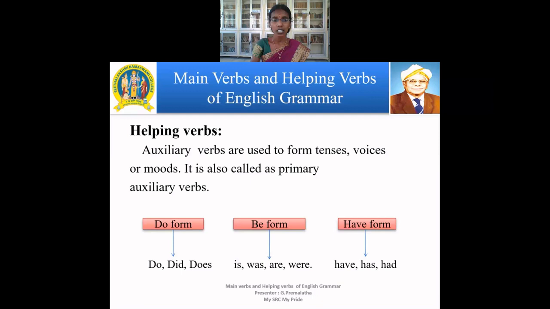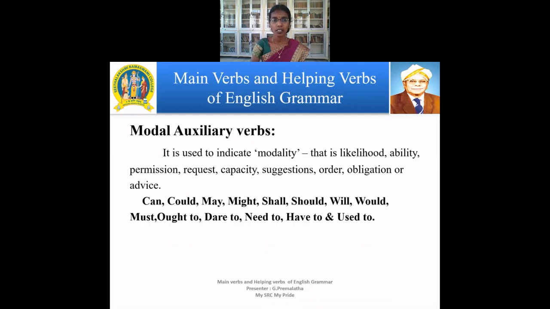Under the do form, there are do, did, does. Under the be form, am, is, was, or were. And the have form, have, has, had. These three come under the category of auxiliary verbs.